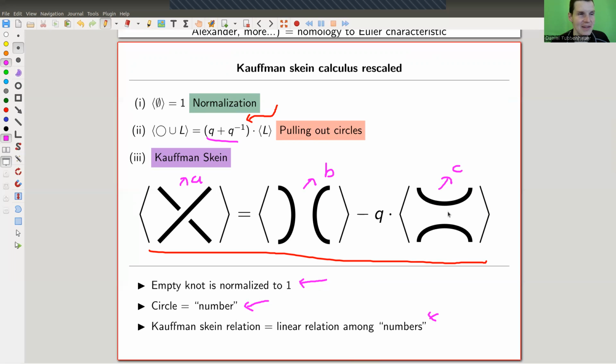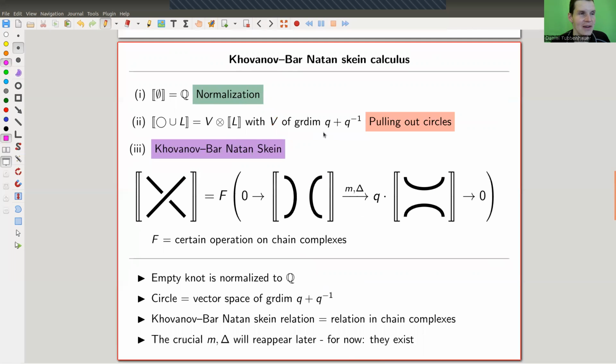And the main idea is then to just do the same, and you get Khovanov homology. So you normalize, and now I switch coefficients to make it just a little bit easier. I go to some vector space. So you normalize here now, every empty knot is normalized to a vector space, let's say a trivial vector space. Instead of pulling out the circle, I pull out a vector space of a certain graded dimension, and the graded dimension is exactly the circle value from the last slide.